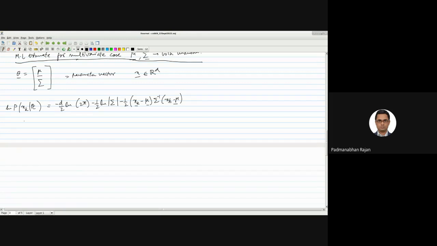And now we have to find the derivative with respect to the theta vector.